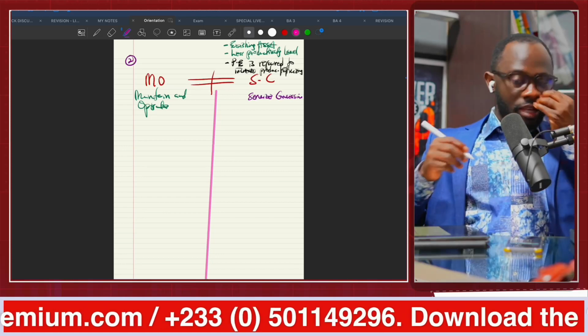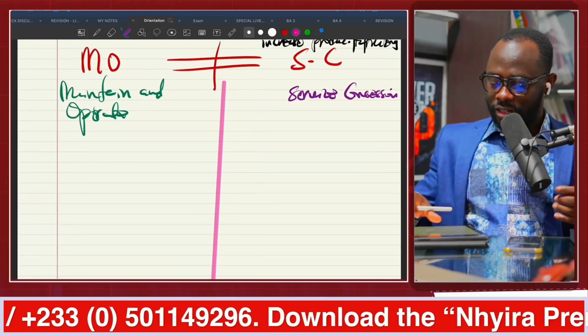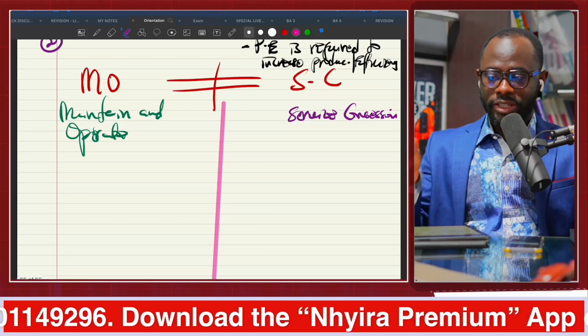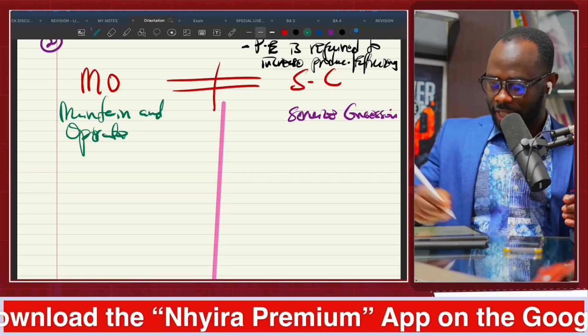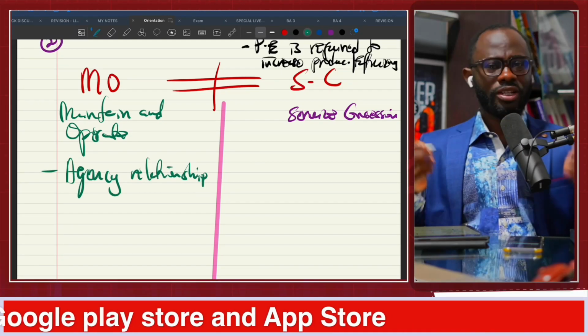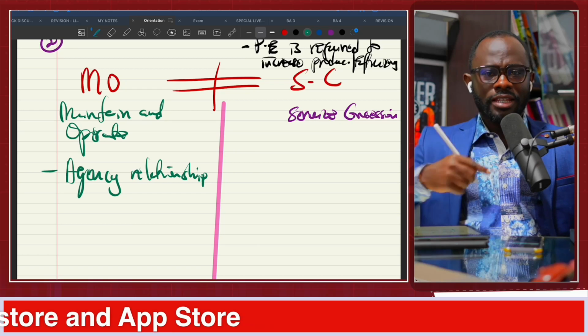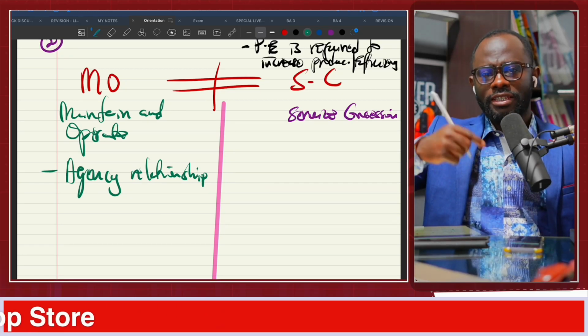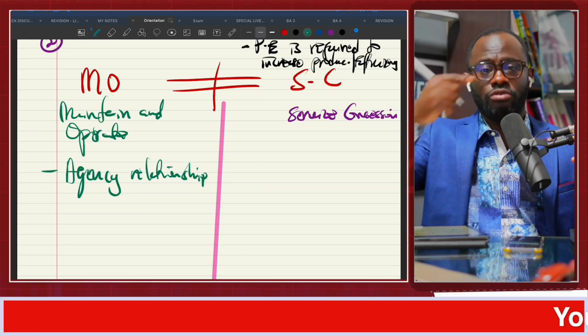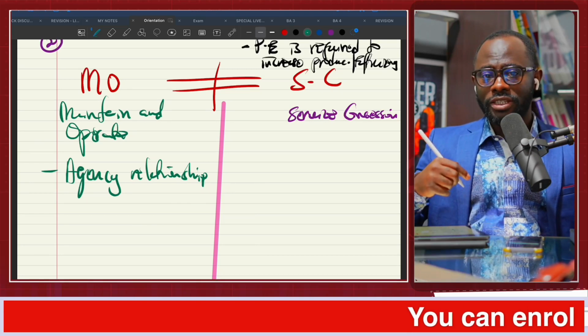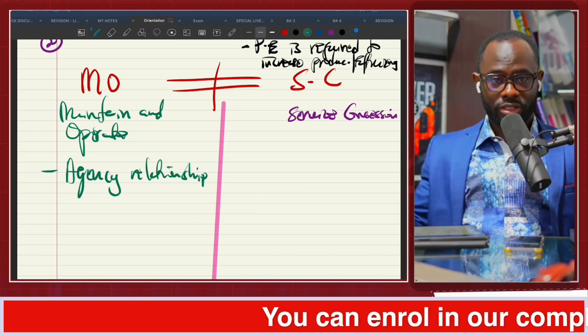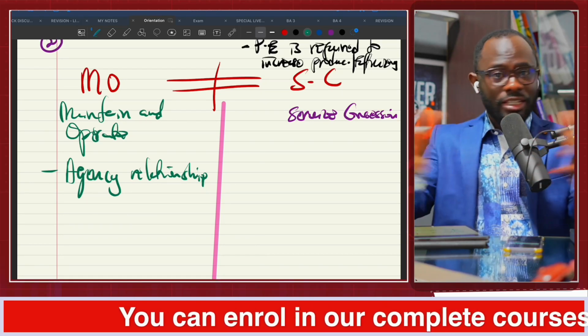The difference between the two is that in maintain and operate, it's an agency relationship. What does that mean? It means that something that a public sector entity previously was doing, now we bring in a private sector entity to come and do it. So it's an agency relationship.